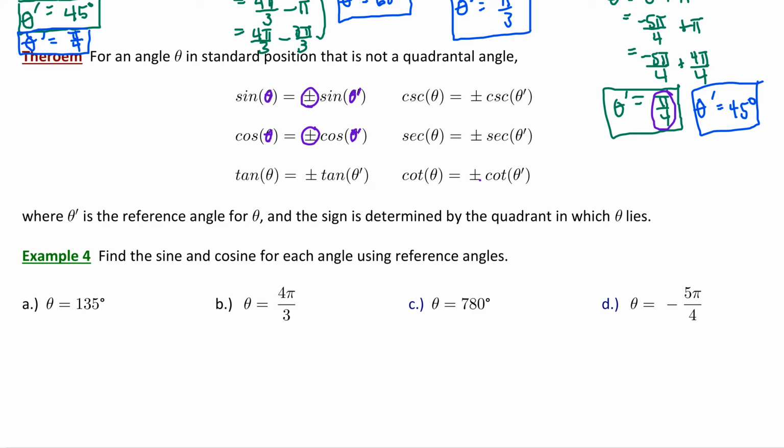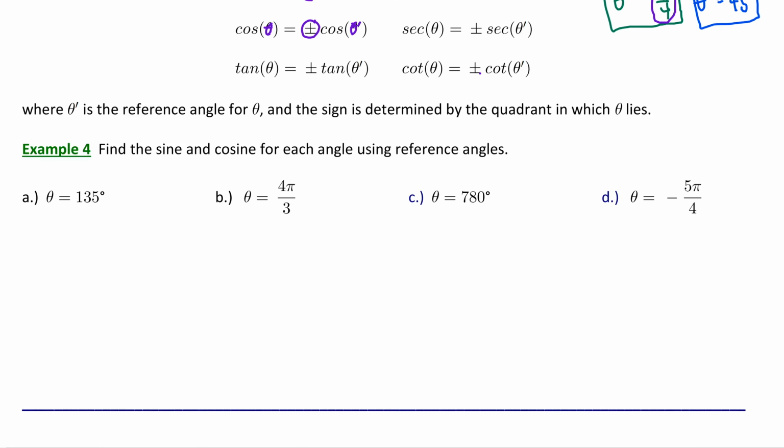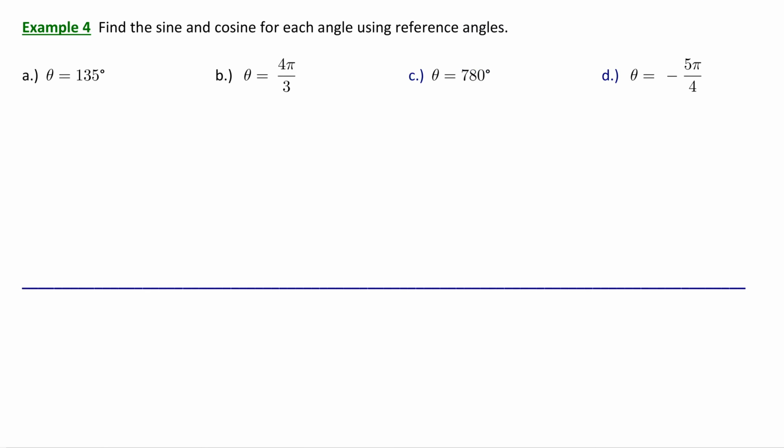The sign is determined by the quadrant in which theta lies. So let me explain this a little more clearly in the form of an example. Example 4. Find the sine and cosine for each angle using reference angles. First, notice that all of the angles that we're looking at in example 4 are the same as the angles that we considered in example 3. So we've already found their appropriate reference angles.